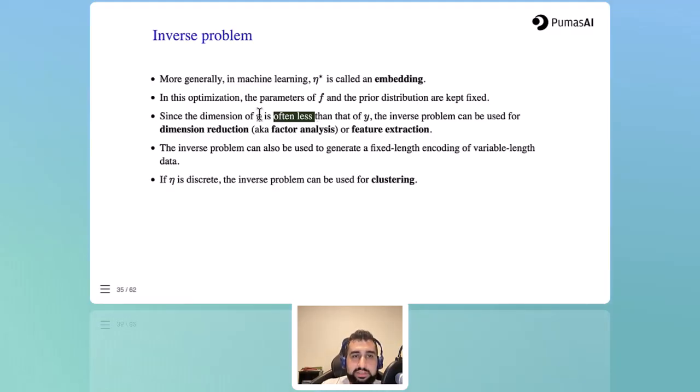In that case, eta might not have a lower dimension than y. But often the dimension of eta is less than the average dimension of y. And when it is less, this inverse problem can be used for dimension reduction, which has a related concept in statistics called factor analysis, or we can call it feature extraction.